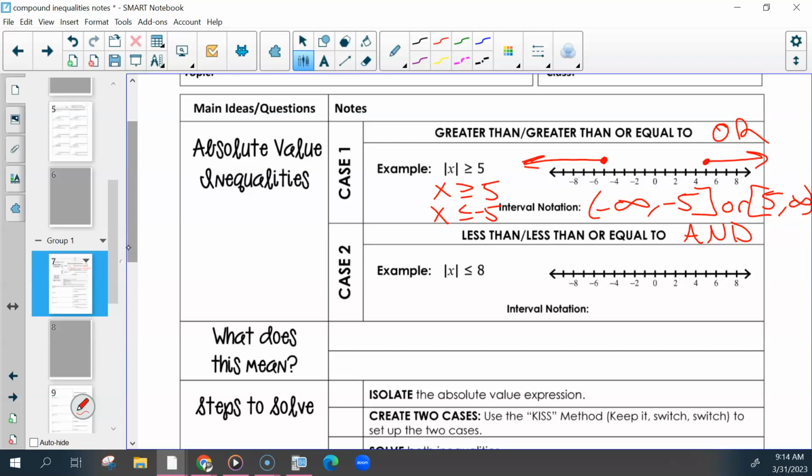So here, do what it says. X is less than or equal to 8. But then also take it, flip it, change the sign. So greater than or equal to -8.